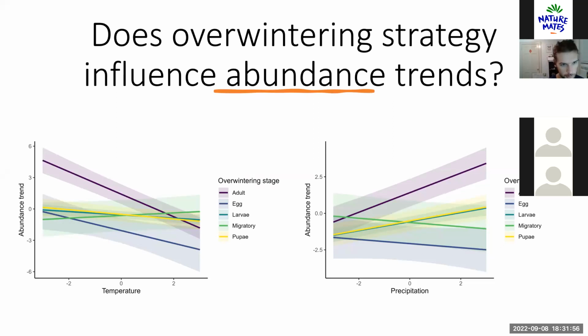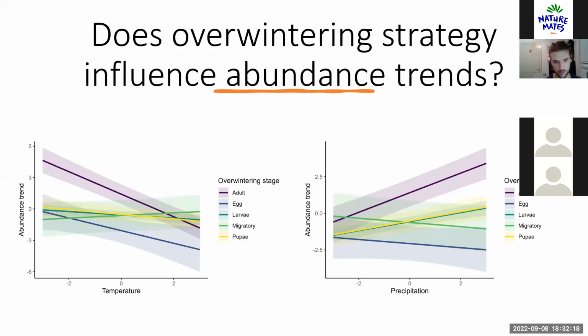The other groups had about flat trends. So that negative response to temperature seems to be driven primarily by species that overwinter as adults and eggs.